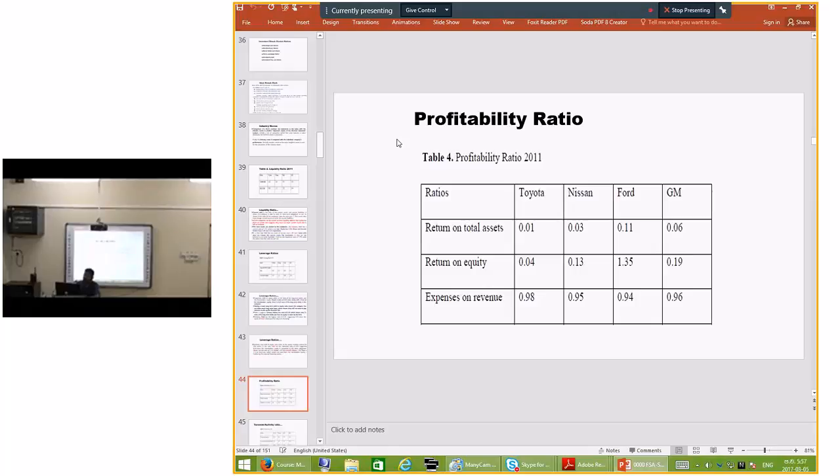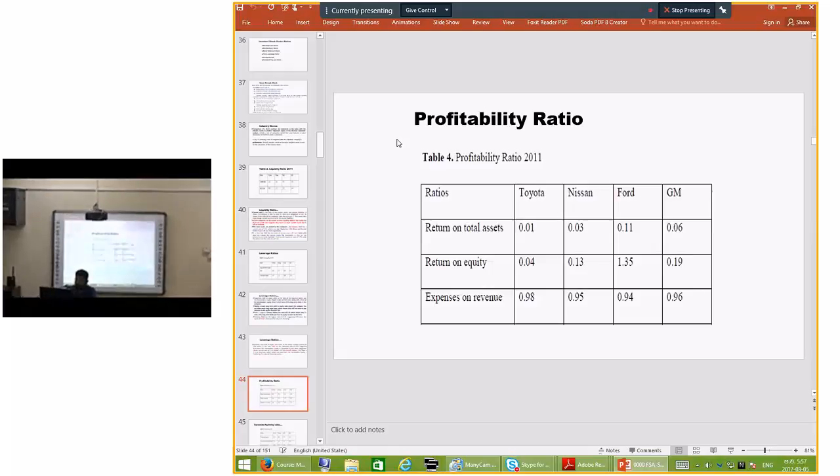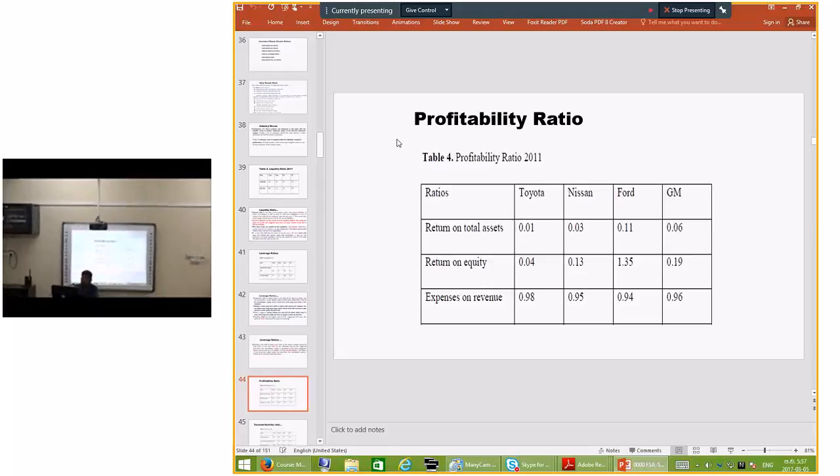Then as you all know, we have cost of capital. We know the term cost of capital, or you already calculated WACC, the weighted average cost of capital, or marginal weighted average cost of capital. When you are collecting money or financing, then we have a cost of capital.